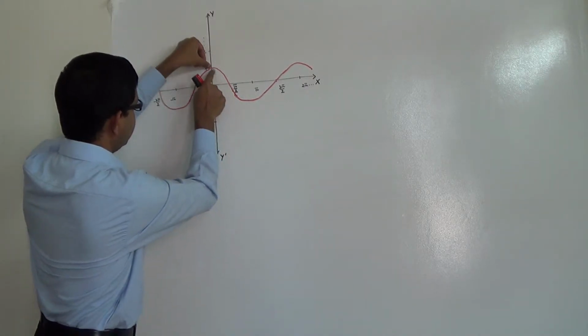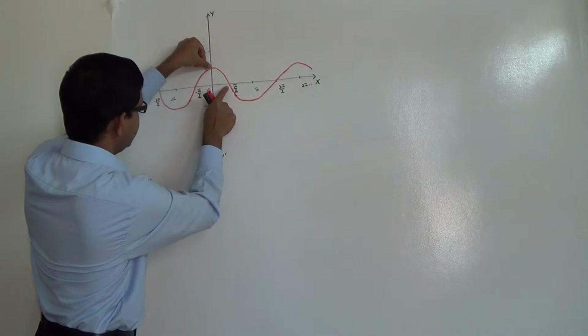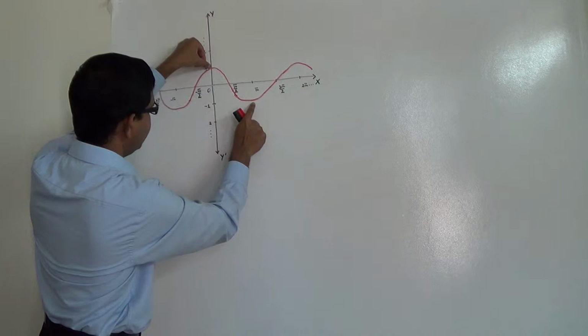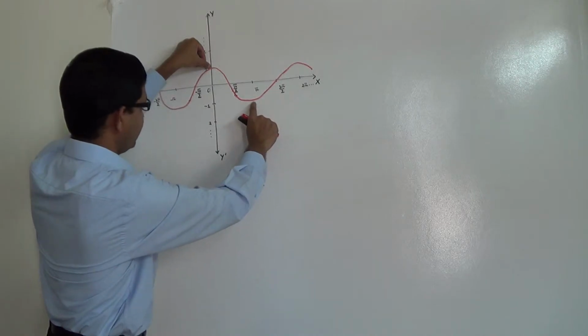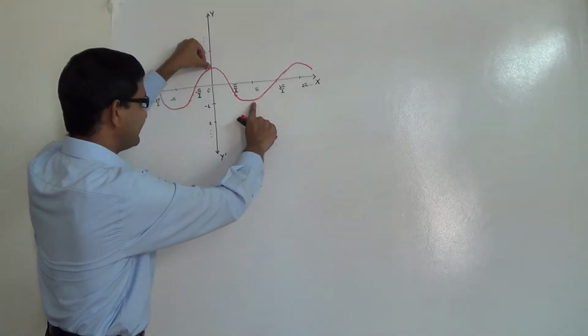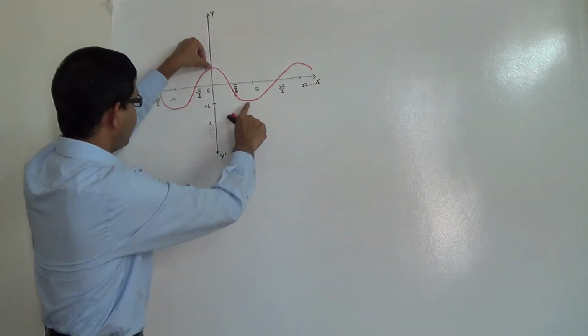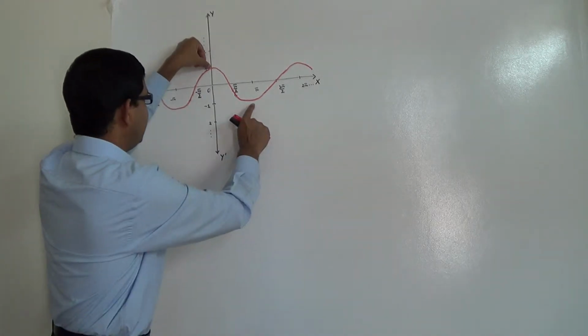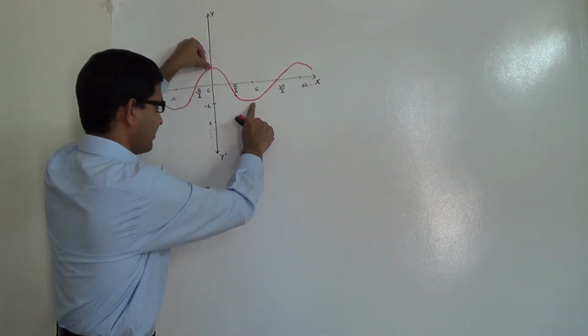So between 0 to pi by 2 it is decreasing, and it is further decreasing till pi. So between 0 to pi the function cos is decreasing, and the maximum value at the point 0 is 1, and the minimum value at the point pi is minus 1.